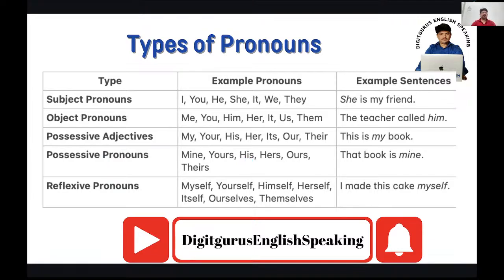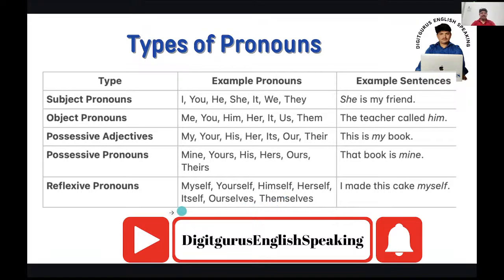Next will be the reflexive pronoun. This is the last one. Myself, yourself, himself, herself, itself, ourselves, themselves. Reflexive pronouns are used when the subject and object refer to the same person. For example, he taught himself to play the flute.